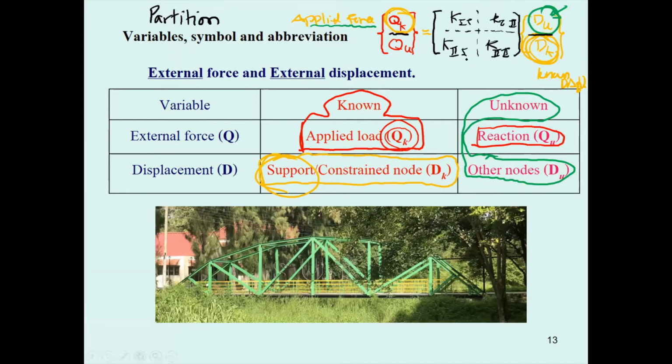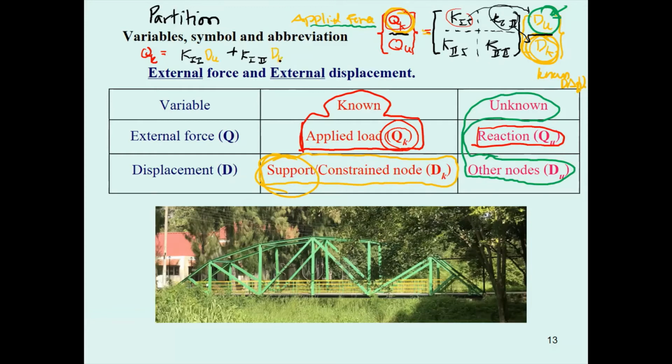Now, how do we use the mathematics to solve this? You may write the first one: Q sub k is equal to K sub 1,1 times D sub u, the unknown displacement, plus K sub 1,2 multiplied by D sub k.